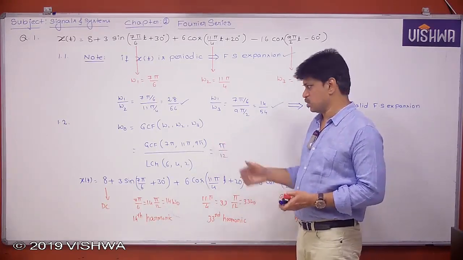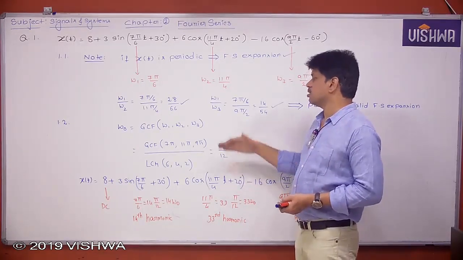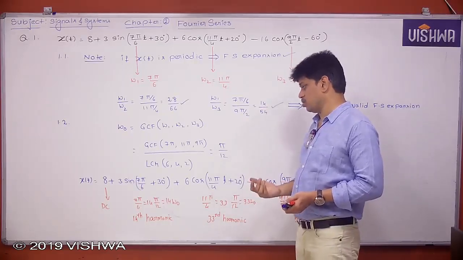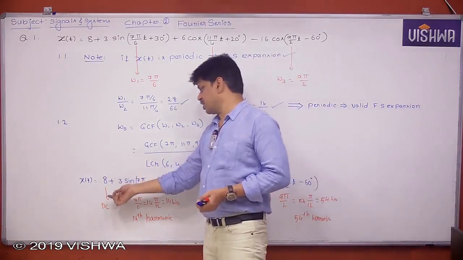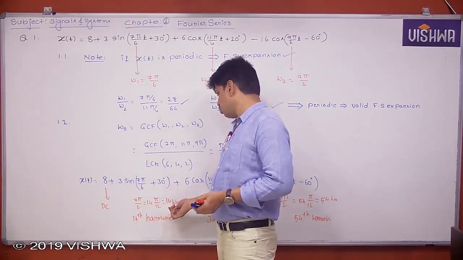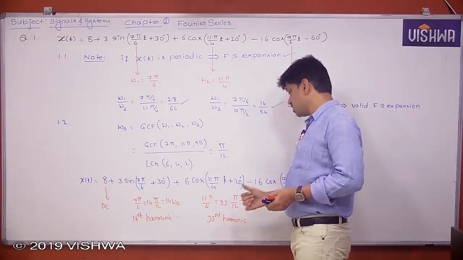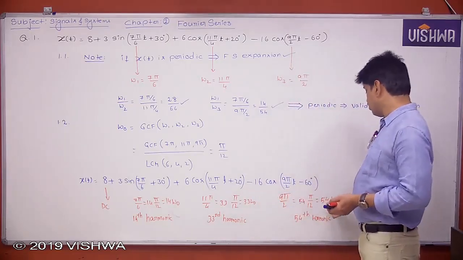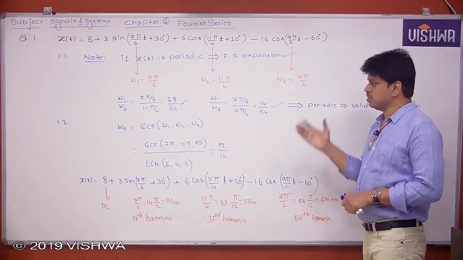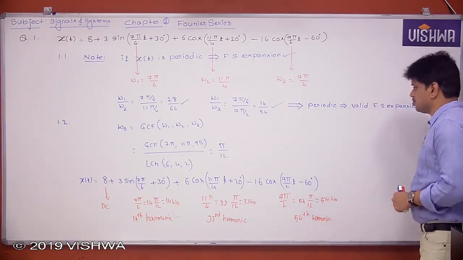Once we get omega naught, we check whether the given components are integer multiples of it. Of course, we don't care about DC because it is a zero frequency signal. It is 14 omega naught, the 14th harmonic; 33 omega naught, the 33rd harmonic; and 54 omega naught, the 54th harmonic. Just make a note quickly, then we will solve the remaining questions.